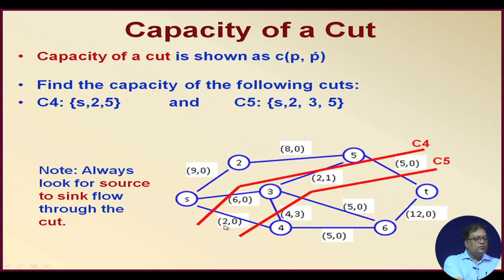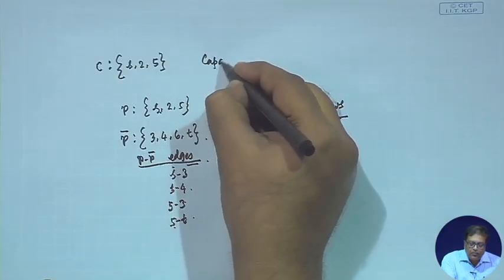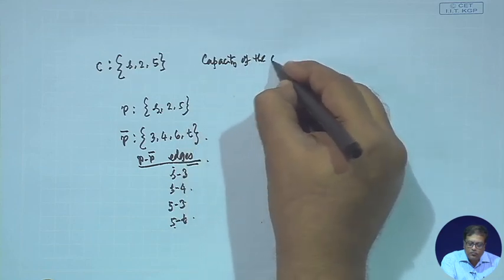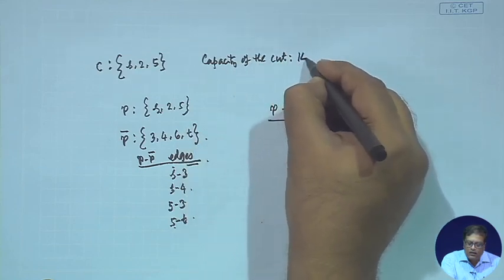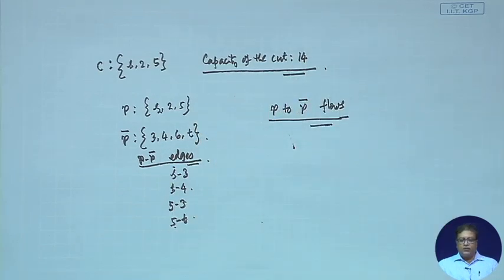So, we have to count 2 plus 6, 8, plus 1, that is 9, plus 5, that is 14. So, the capacity of the cut is really 14, right. Capacity of the cut is really 14.